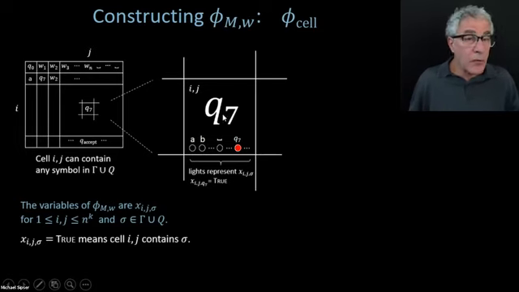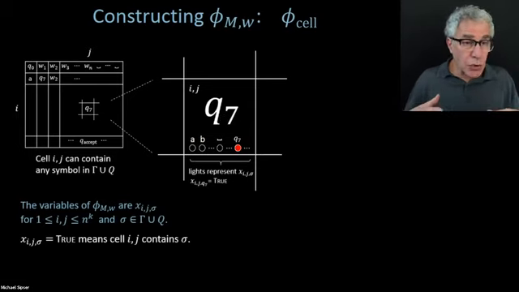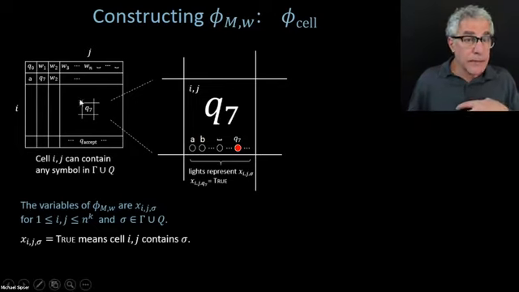And now we have to start making some Boolean logic to make sure that those variables reasonably represent the cell contents of these cells. So, for example, what would be the first thing that comes to your mind? Well, we better not have two lights going on in any one of the cells, because then we have two symbols on that cell, and that's not allowed.